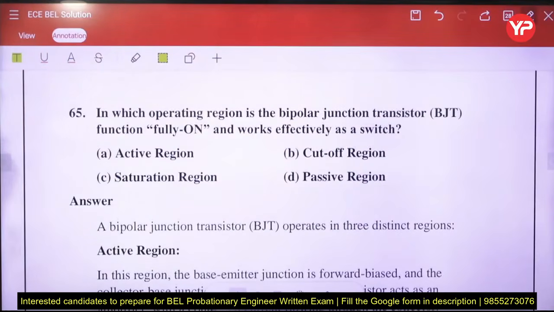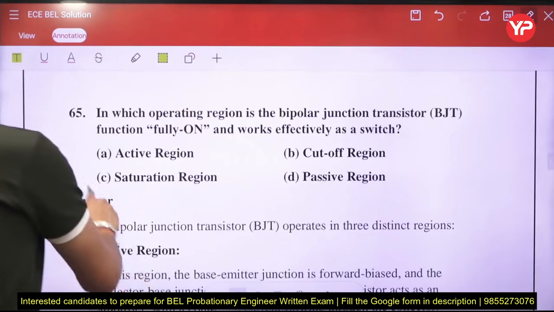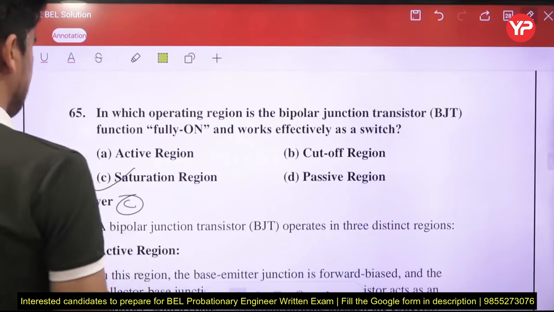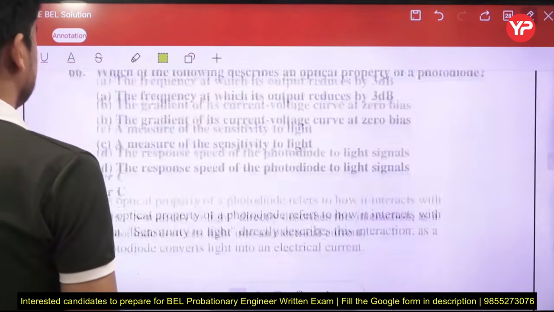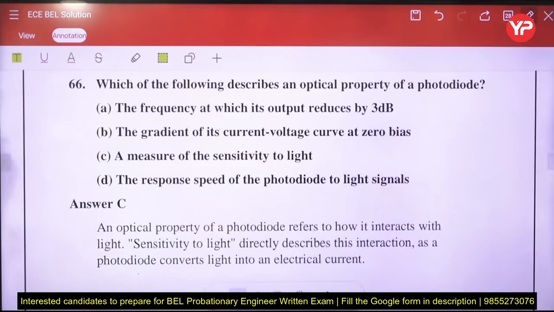Which operating region makes a bipolar transistor fully on and work effectively as a switch? That is the saturation region. The answer will be C for this one. Which of the following describes the optical property of a photodiode?